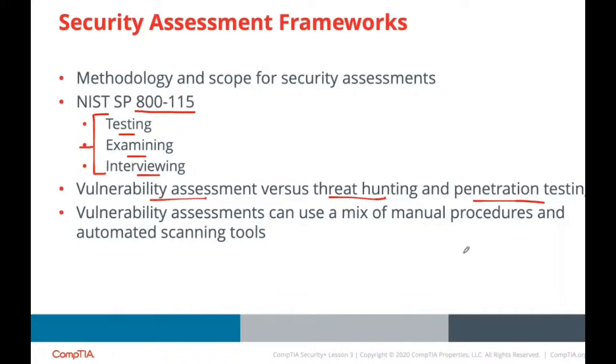Penetration testing is exploiting those vulnerabilities and testing the security posture of the organization: how effective the controls are, how many vulnerabilities there are, and how much data is exposed to the rest of the world, to the attackers, basically.